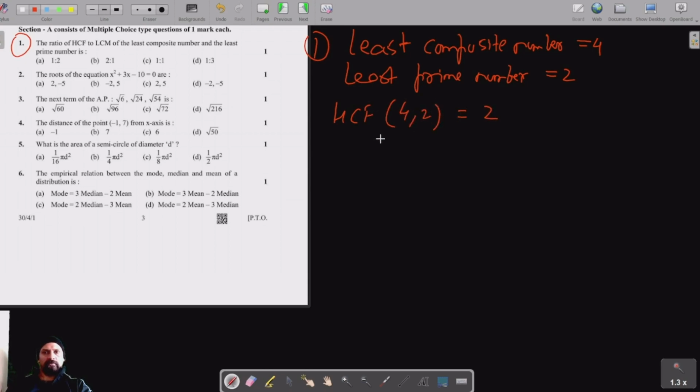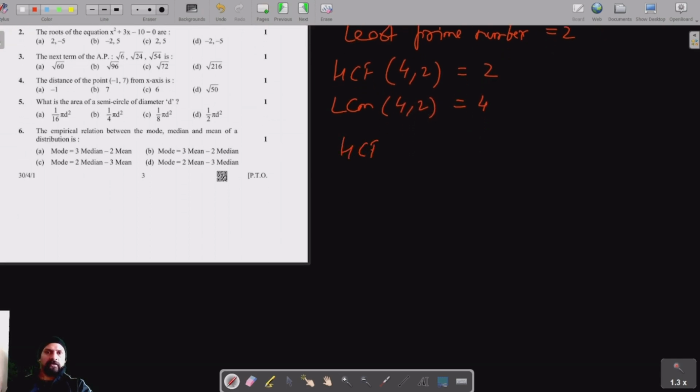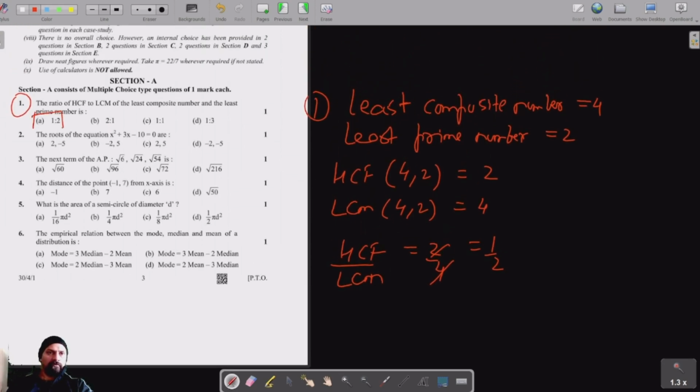HCF of 4 and 2 is 2, and LCM of 4 and 2 is 4. We have to find the ratio. So the ratio of HCF to LCM is equal to 2 by 4, which is 1 by 2, so A is the correct option for question number 1.